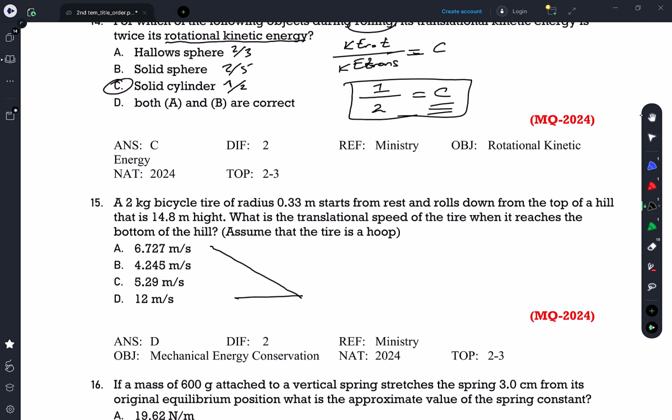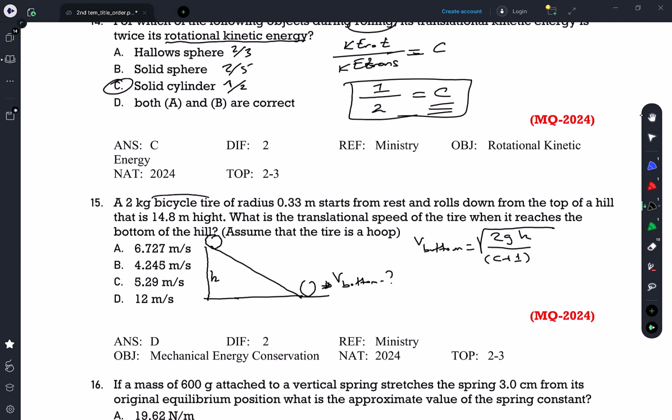Remember, if an object is released from rest from the top of a hill, we can calculate the speed at the bottom as root of 2gh divided by c plus 1.